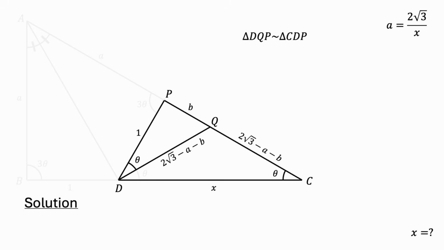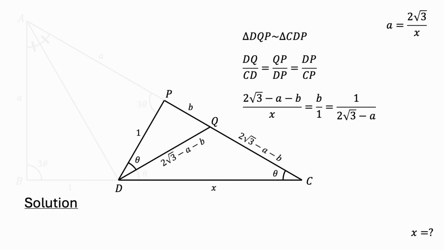Since corresponding sides in similar triangles are proportional, we have DQ over CD equals QP over DP equals DP over CP, or 2 square root 3 minus a minus b over x equals b over 1 equals 1 over 2 square root 3 minus a.